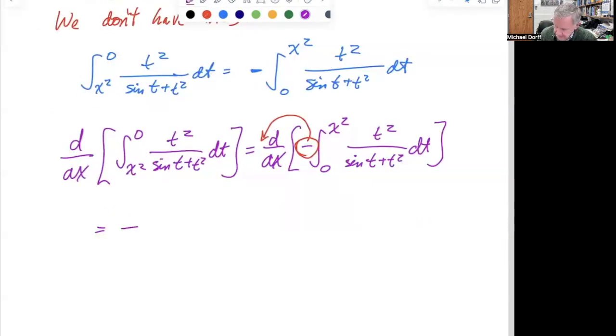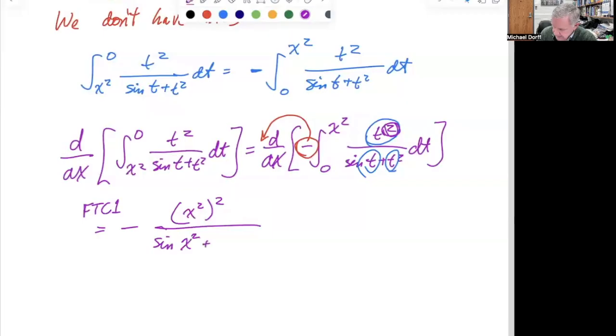So I'm going to get the negative. And when I take the derivative, I apply the fundamental theorem of calculus part 1, and I'm going to replace all the t's here with x squared. So I get x squared squared in the numerator because I have a square there, over sine of x squared plus x squared squared here.